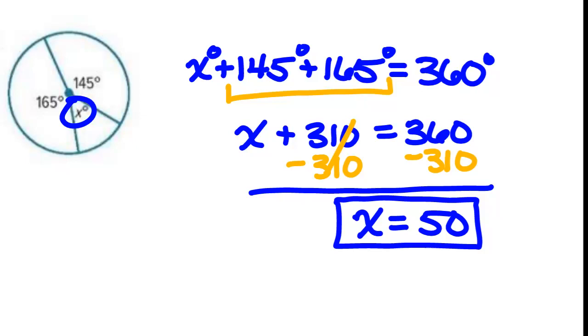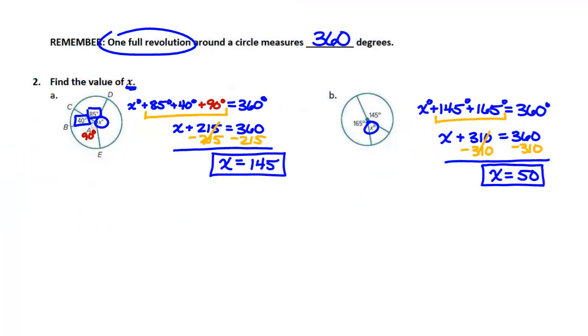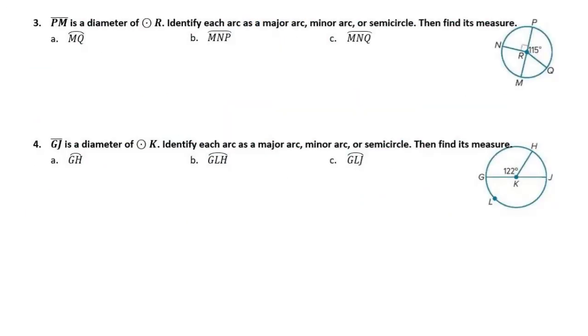Nice work so far. All right, so we can find measures of missing central angles. We can also find measures of arcs. Let's look at numbers 3 and 4.